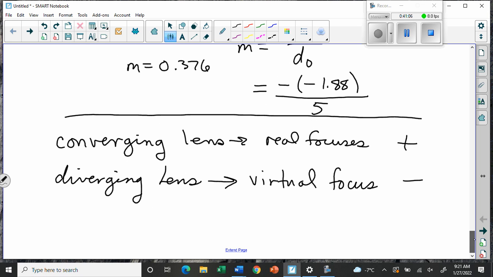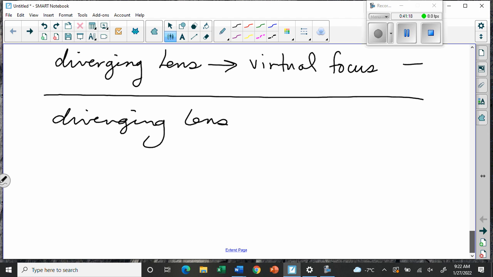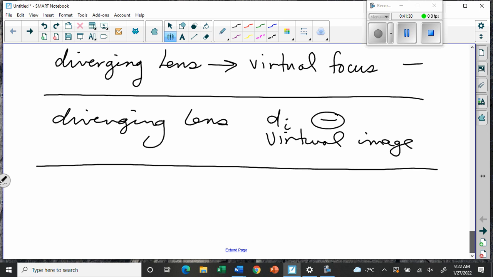So those are for the Fs, the rule for the DIs, in a diverging lens, DI is also always going to be a negative number. It's also going to be a virtual image every time. So there's no way to get a real image. So if you were doing a question where you had to start with the DI and solve for the F or solve for the DO, you'd have to remember for a diverging lens to use a negative on DI because it's always a virtual image.